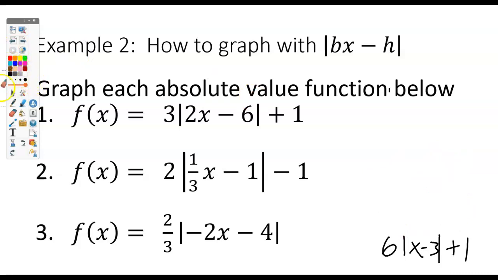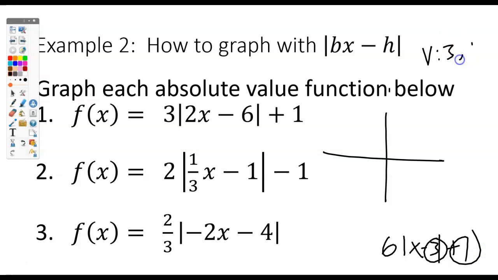So here we go. Let's go ahead and graph it now. So now I can see that my vertex is 3, 1. So I'm going to go over 3, up 1. And I can see my slope is 6, so that means I'm going to go up 6 from the vertex, and then over 1.